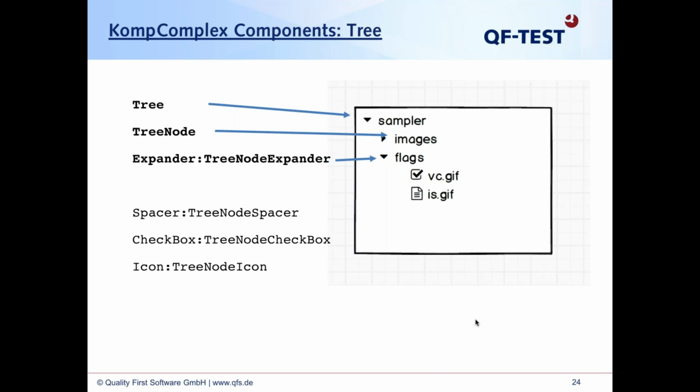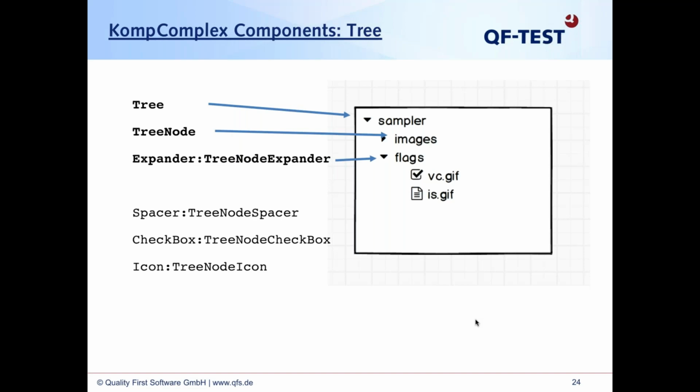So if an element is not a leaf, then QF-Test has to know how to interact with the expander, where to find the expander, because often HTML frameworks do not render the content of a subtree before the parent is expanded, for optimization reasons. So QF-Test really has to expand every level where a check has to be done or an event has to be replayed in order to get the information and to visualize the information.